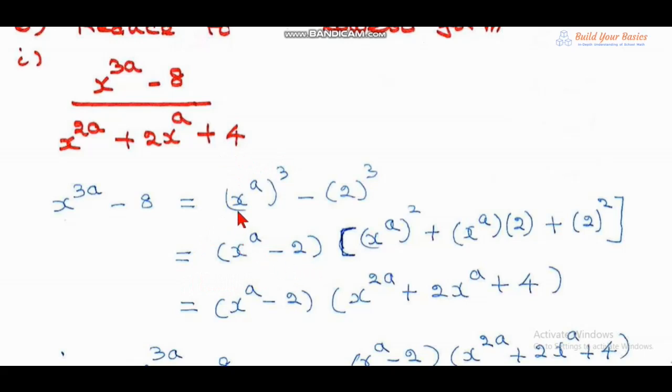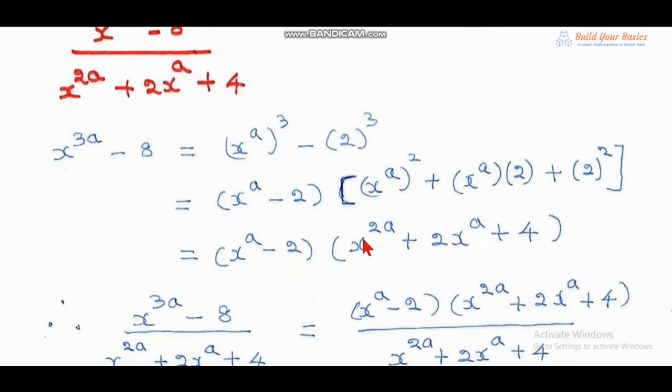That is x to the power of a minus 2 into x to the power of a whole squared plus x to the power of a into 2 plus 2 squared. That is x to the power of a minus 2 into x to the power of 2a plus 2 into x to the power of a plus 4.